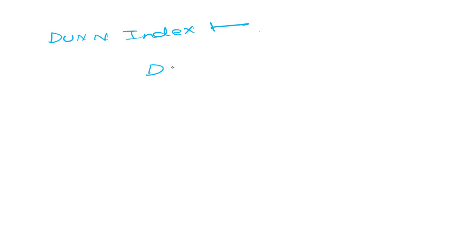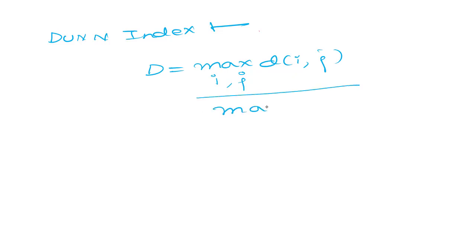D, the Dunn index, equals the minimum over i and j of the distance between clusters i and j, divided by the maximum over k of the distance d' within cluster k. So here we have the intra-cluster distance, and here we have the inter-cluster distance.